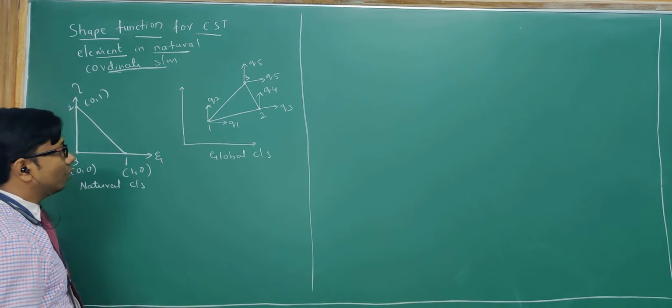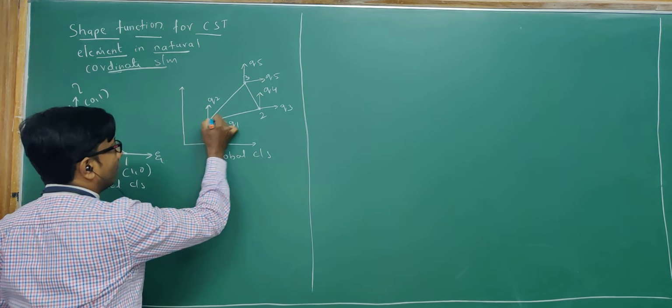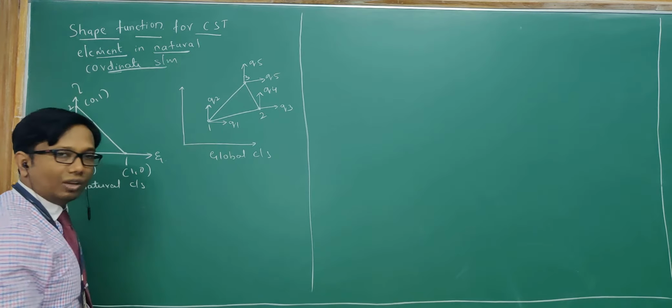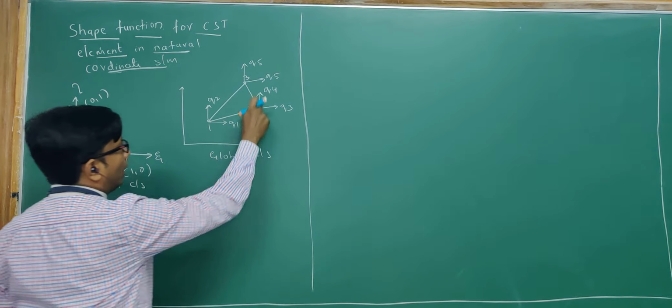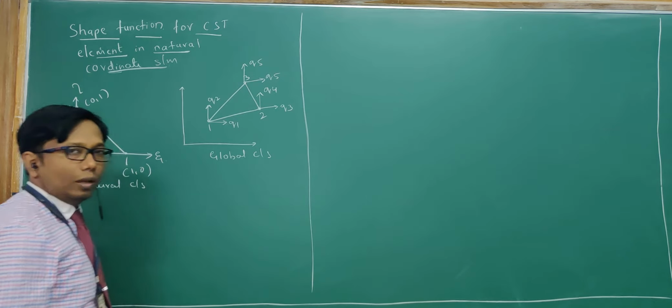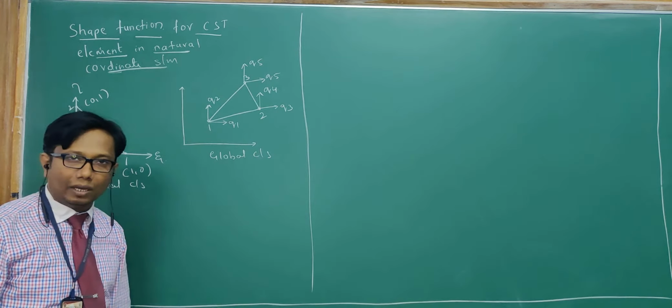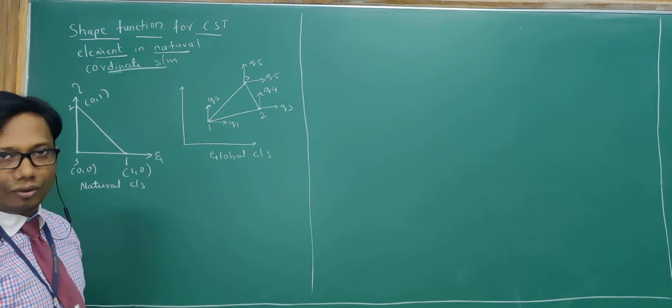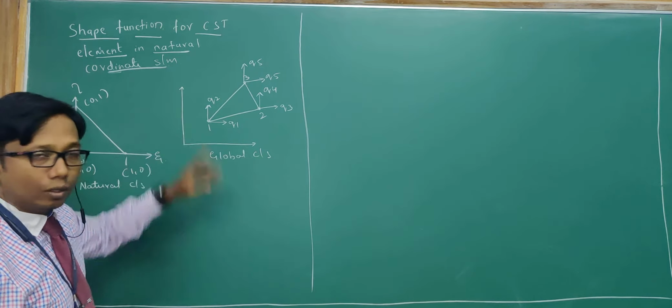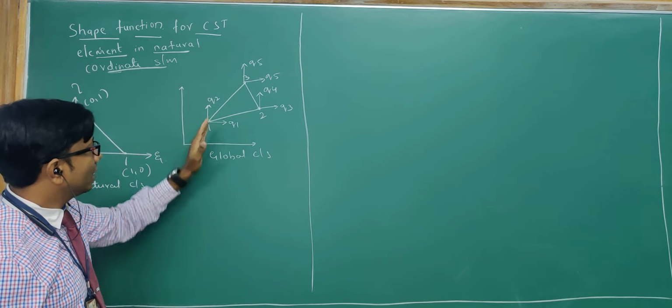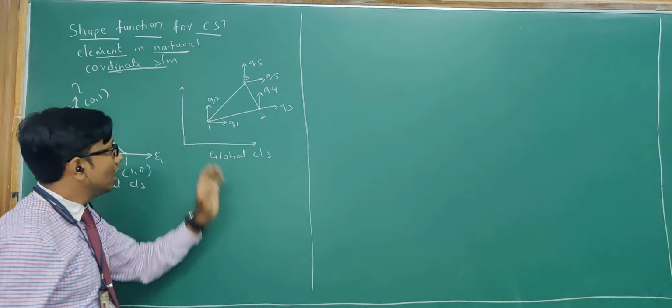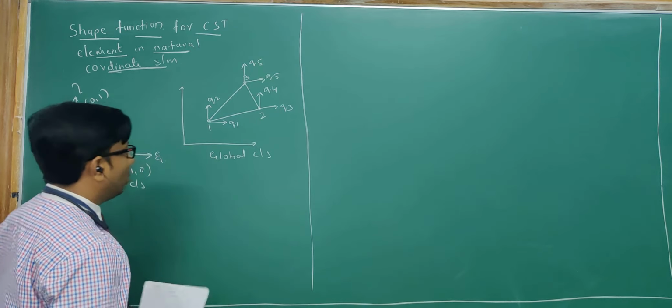If you see, this is the shape of that triangular element and it has three nodes, 1, 2 and 3. As it is a 2D element, each node will have 2 degrees of freedom. Each node can move in two directions. One is the Q1 direction, which is along the x-axis, and Q2 direction, which is along the y-axis.